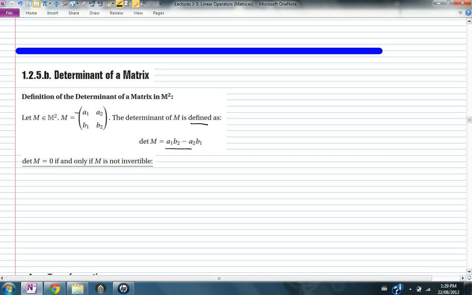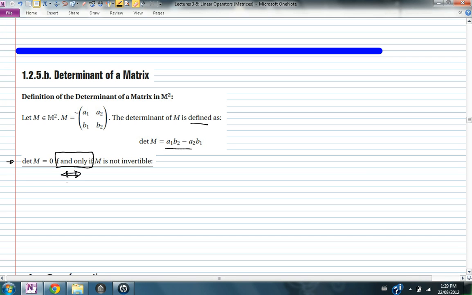And the objective next is to show that this determinant is 0 if and only if, which means that those two statements are equivalent, the matrix is not invertible.